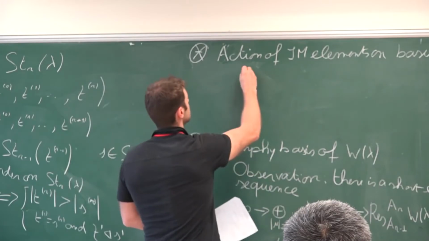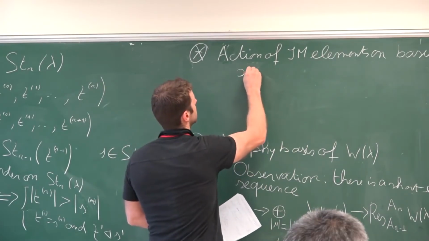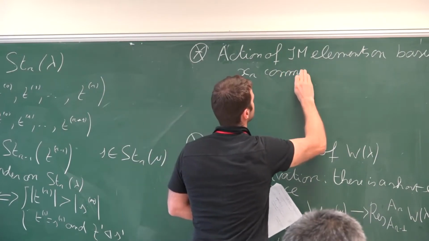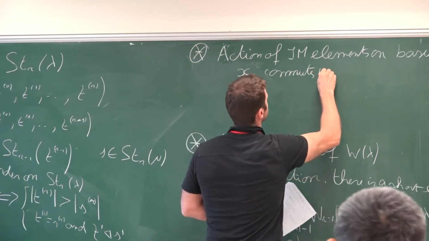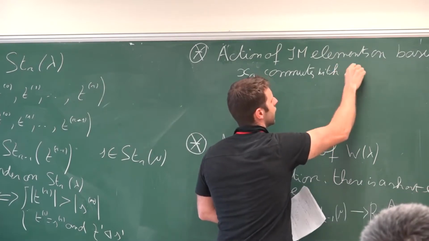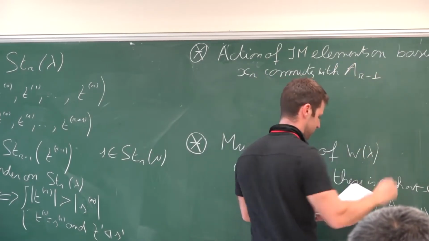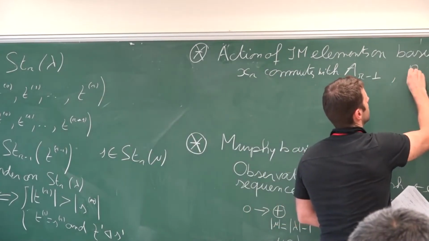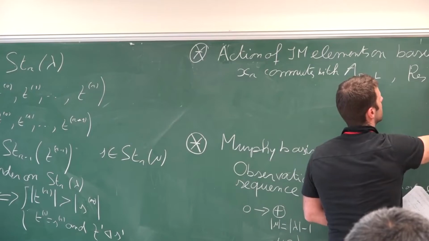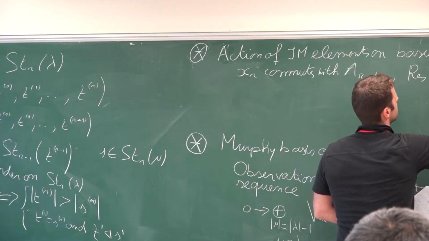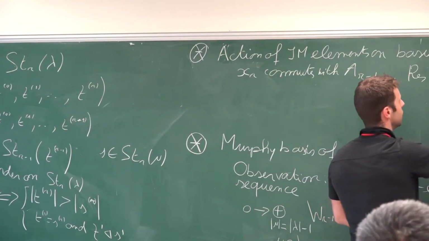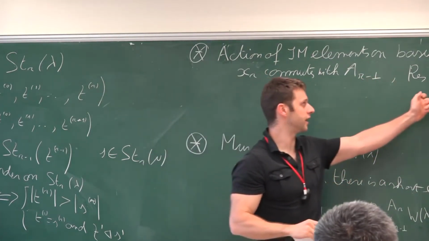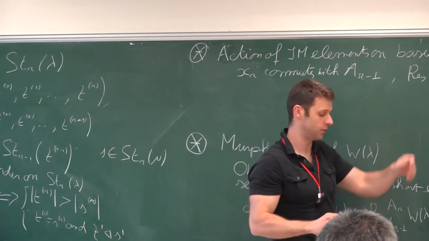So we've seen that XR commutes with the subalgebra A_{R-1}, which means that I have an action of XR on the restriction of a module which commutes with the action that I keep on R minus 1.